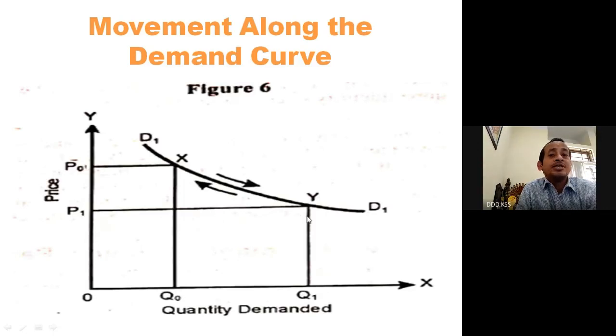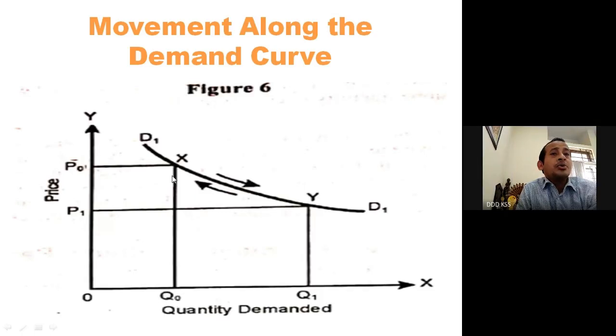This is one concept. Then if we think in reverse, suppose P1 is the original price. Now the price has increased from P1 to PO. So demand for that commodity will reduce to OQO.